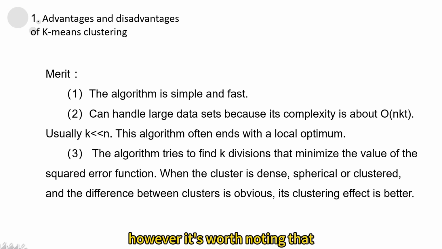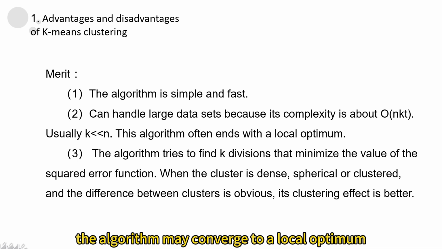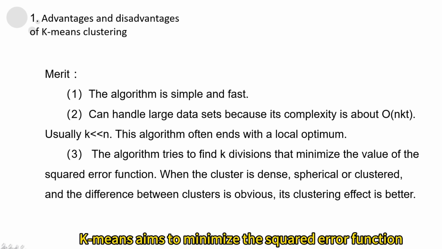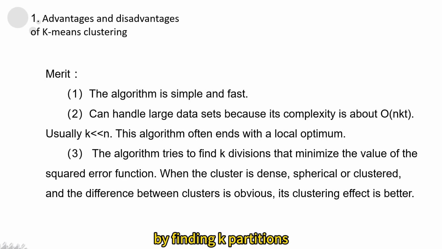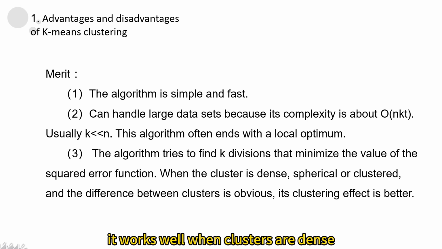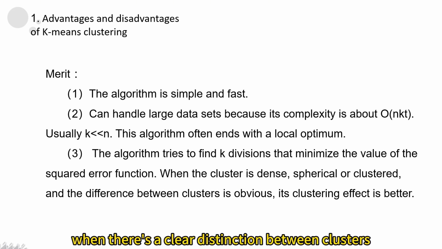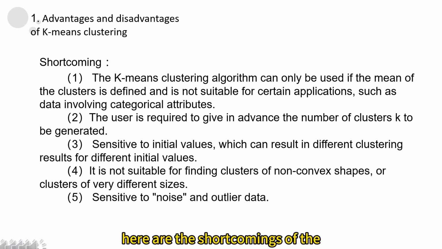However, it's worth noting that the algorithm may converge to a local optimum rather than the global optimum. K-means aims to minimize the squared error function by finding k partitions. It works well when clusters are dense, spherical, or well separated, and when there is a clear distinction between clusters.